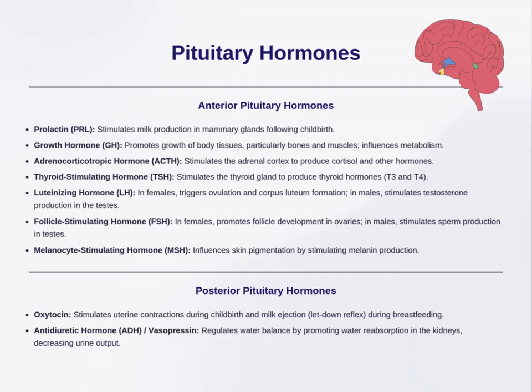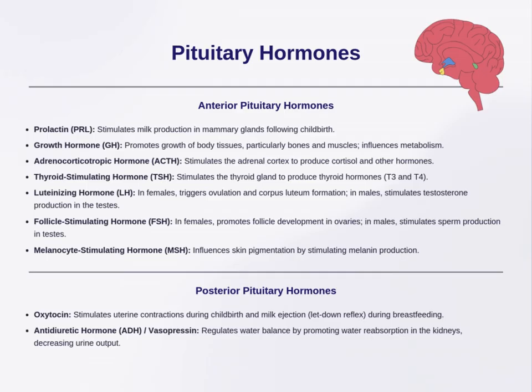Posterior hormones. So I always tell my students, how do you remember which ones are anterior and which ones are posterior? If you know the two that are posterior, then the rest are anterior. So the posterior pituitary hormones are just two. One is oxytocin, which stimulates uterine contractions during childbirth and milk ejection during breastfeeding. Don't confuse oxytocin and prolactin. Prolactin stimulates milk production.